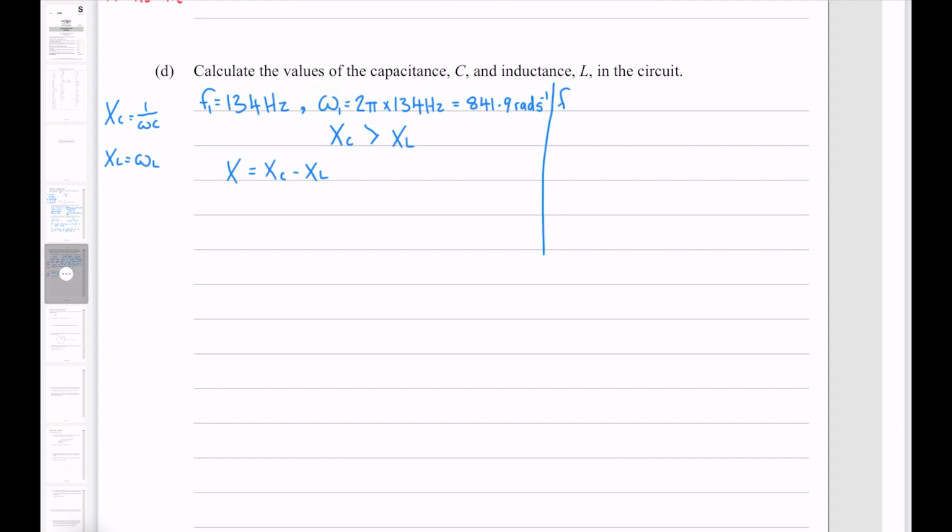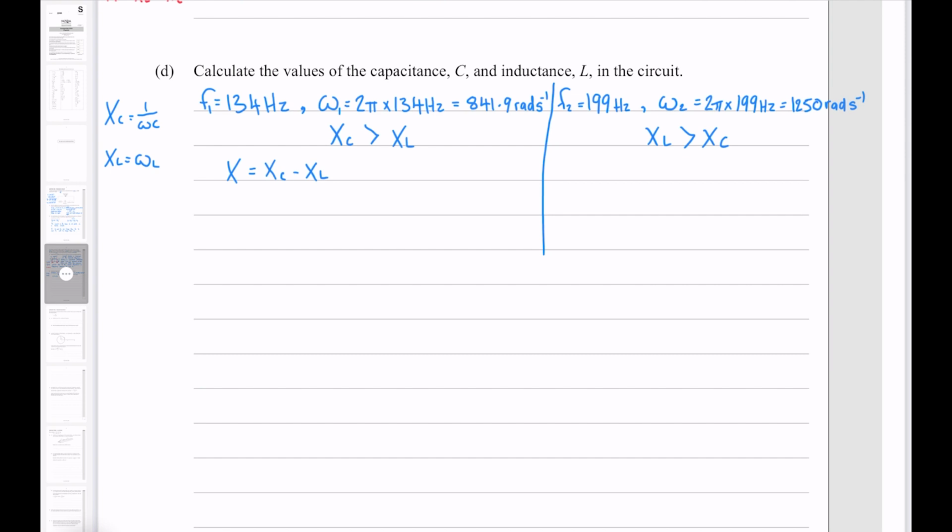Now, for our second frequency of 199 Hz, we can find our angular frequency, and that gives me 1250 radians per second. Now, at this increased frequency, it is our XL that is going to be greater than our XC.